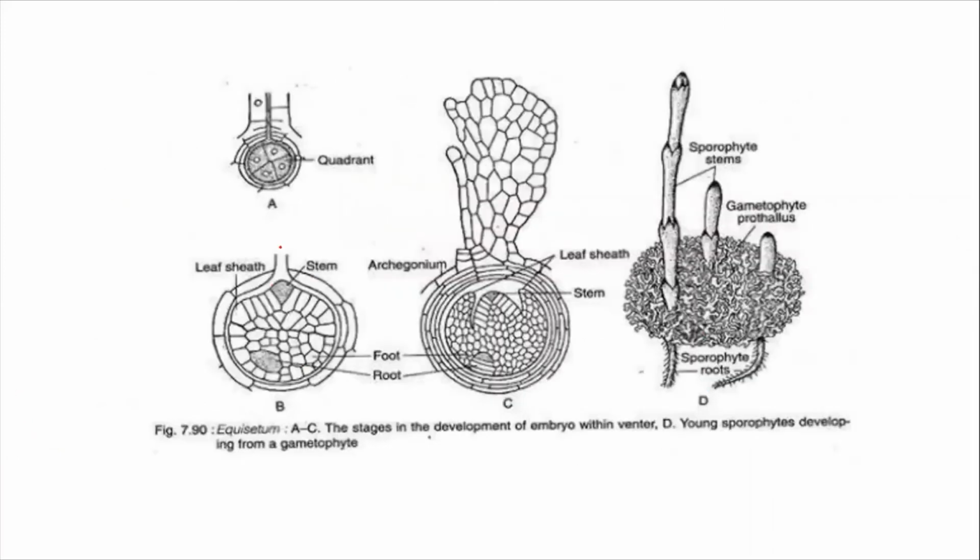So this is the zygote or the embryo which is developed in the archegonia. Now this zygote or embryo will undergo divisions and forms a quadrant. That quadrant again undergoes repeated divisions and forms several cells which will organize into a stem, a leafy shoot, and the root and the foot region.